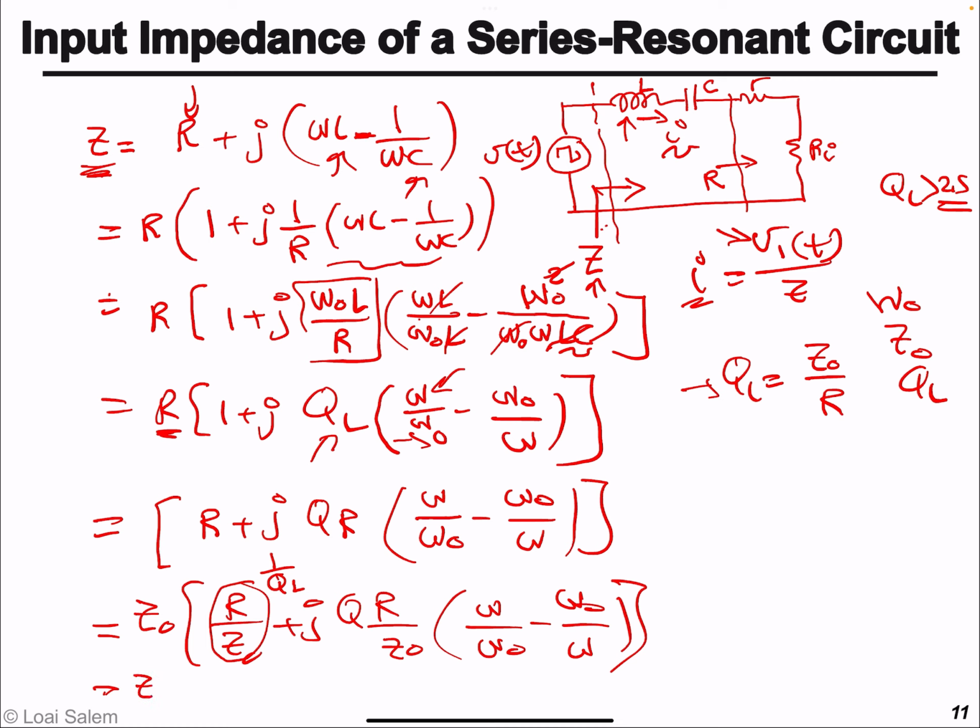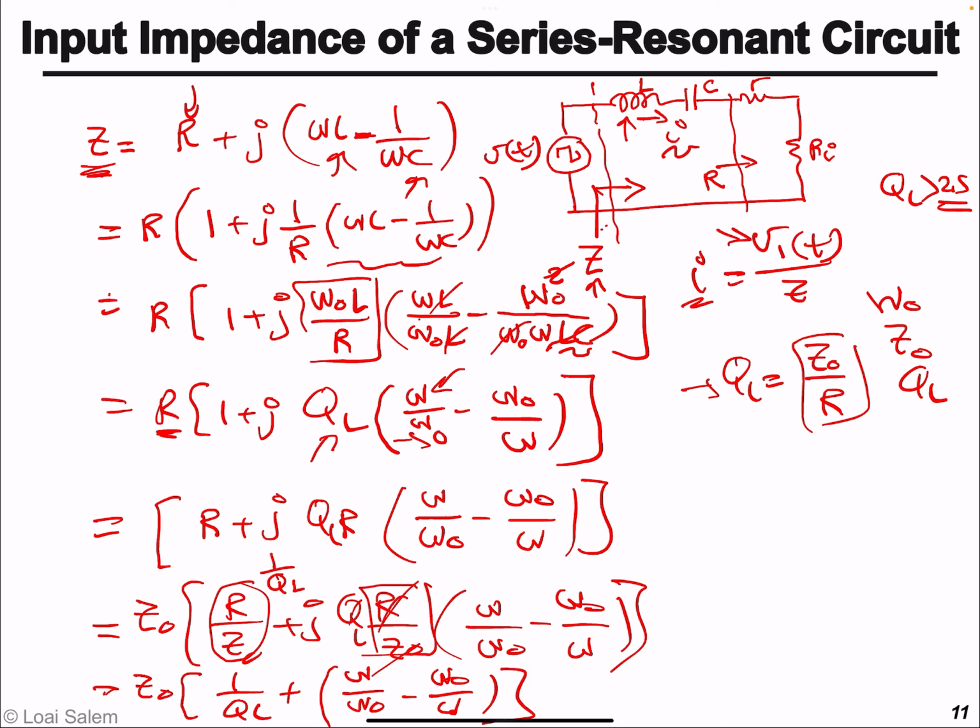So we have Z naught times 1 over QL plus, since QL is Z naught over R, multiplied by R over Z naught, they cancel each other, and we end up with omega over omega naught minus omega naught over omega.